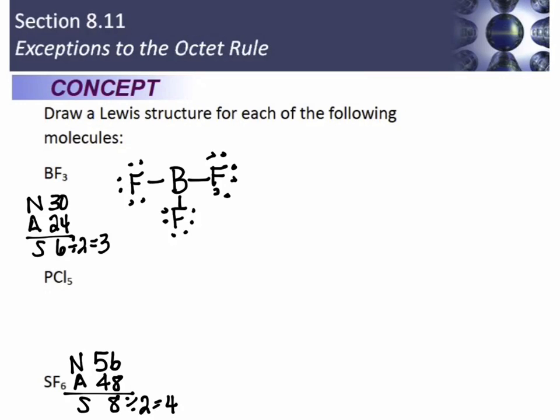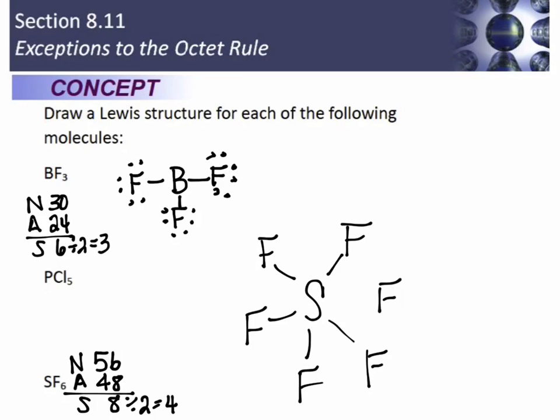So this is where I'm going to look and I'm going to say something is wrong because how many atoms do we have total? We have 6 around that central one. So that means we probably have an expanded octet. So we're going to go sulfur. We're going to put those fluorines out there. We need 6 of them. So 2, 4, 6, 8, 10, 12.